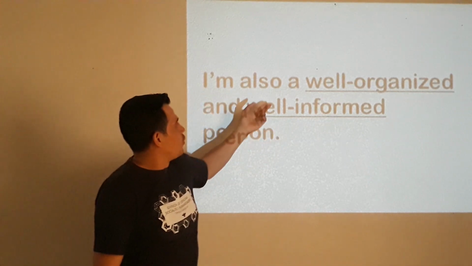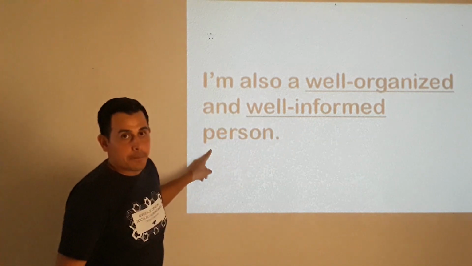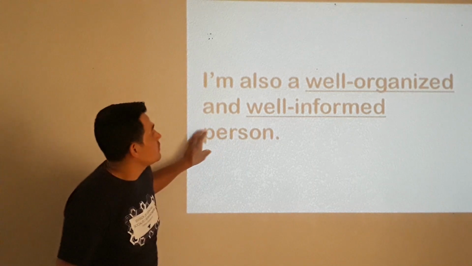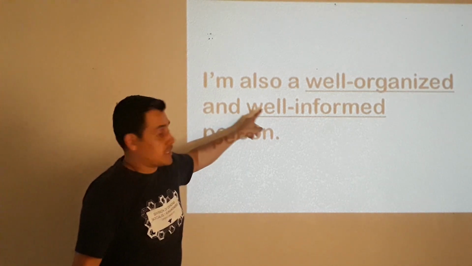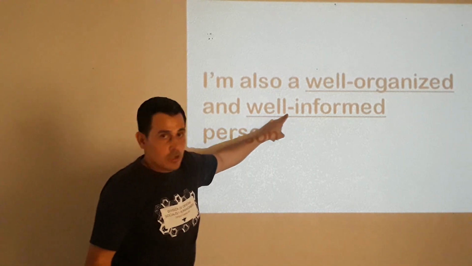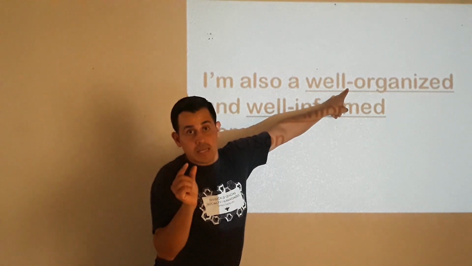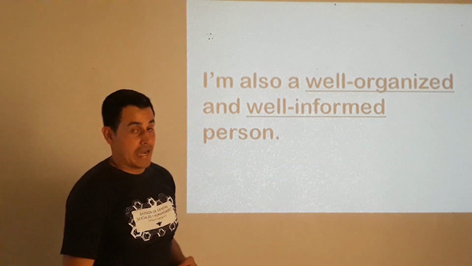I am also a well-organized and well-informed person. You see, when you have the noun at the end, all the forms of well plus adjective should include the hyphen. Okay, this little tiny line here. Are we good up to this point? I hope we are.